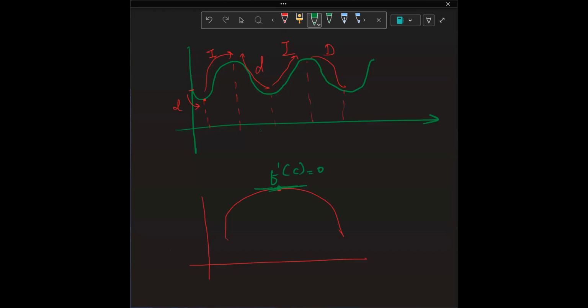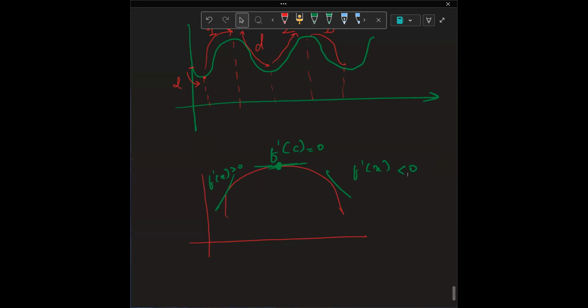Why? Because there is no change. But over here this is increasing because your f dash x is positive, and this is decreasing because your f dash x is negative. So this is a graphical representation.